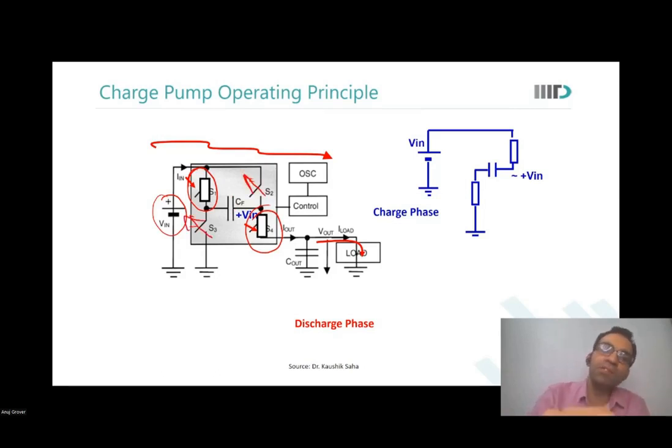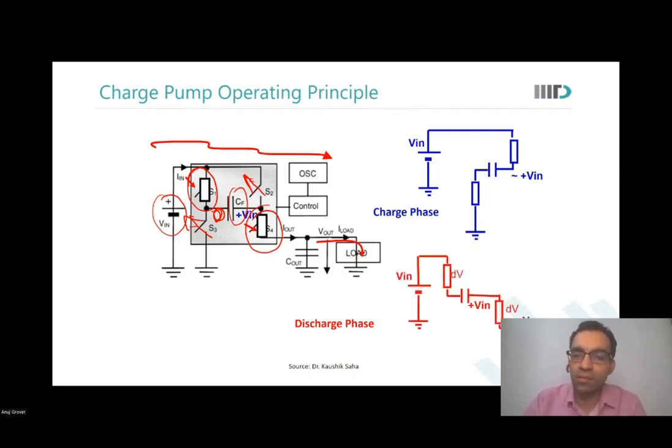All of a sudden, what happens? This plate, which earlier had a 0 on it, now at once has a Vn on it. What does that mean? Because we know that this side was more charged, this plus Vn goes to 2Vn.